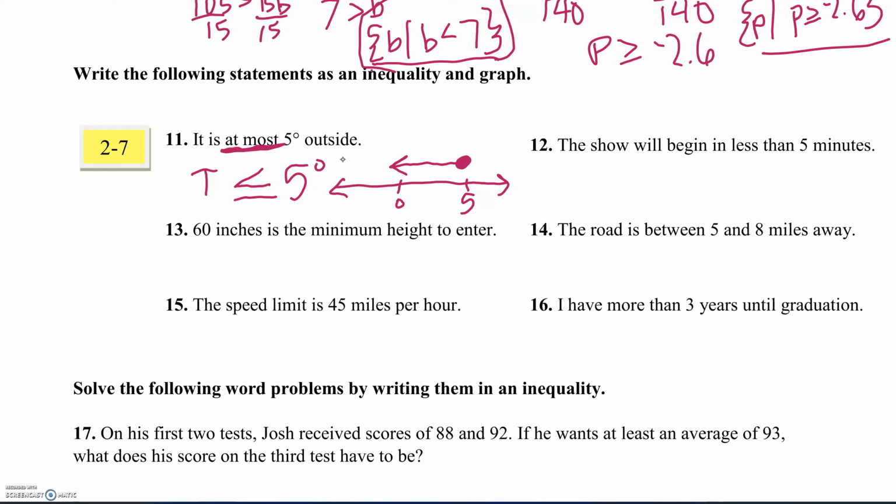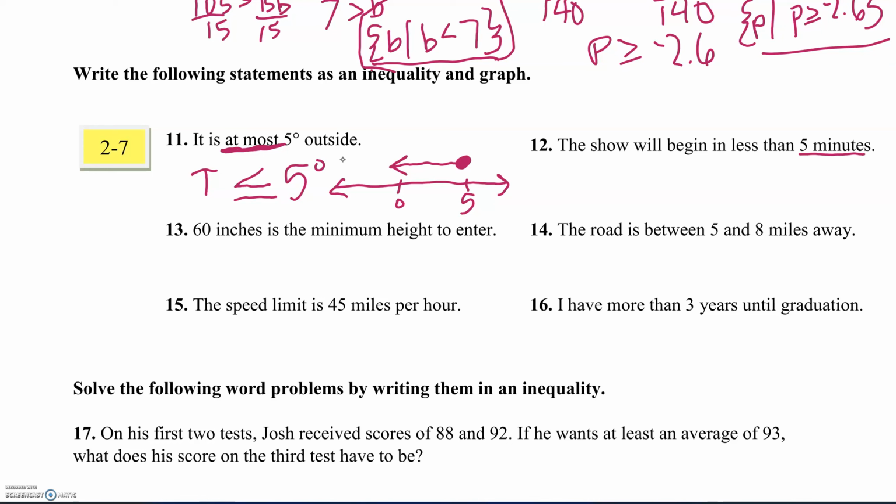Number 12, the show will begin in less than 5 minutes. So this already feels very similar to number 11, but I want to talk about the difference between these two problems. So on the first one, we said, okay, it's going to keep going past 0. But if I'm sitting in the audience at a show and I say the show will begin in less than 5 minutes, it's impossible for the show to begin in negative minutes unless I can go back in time.